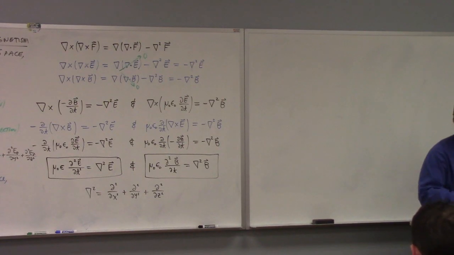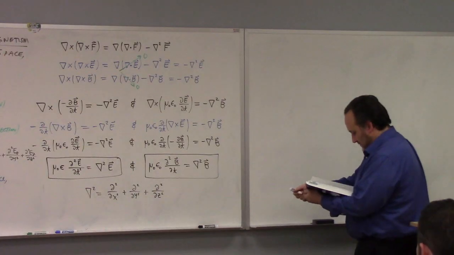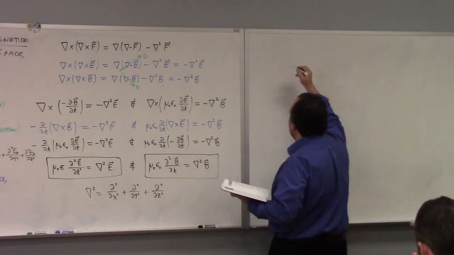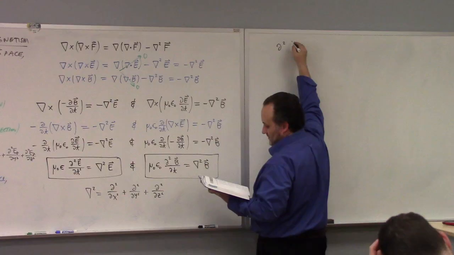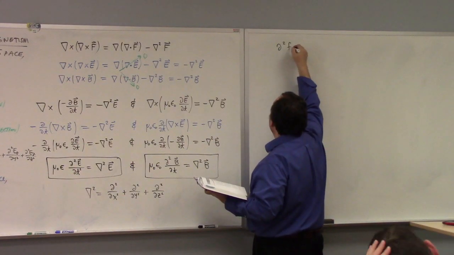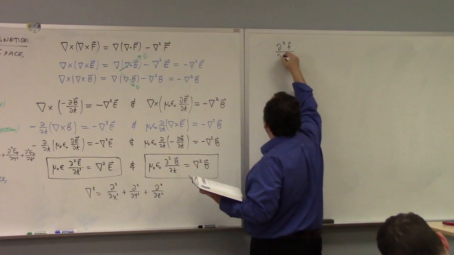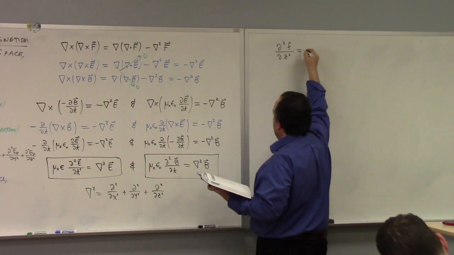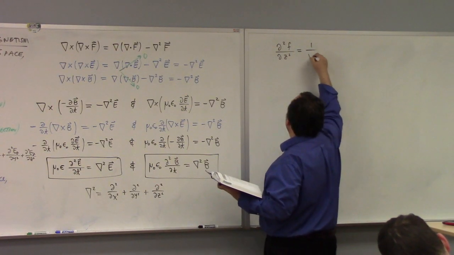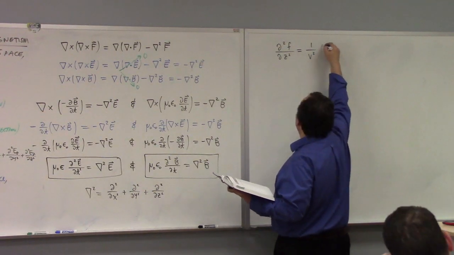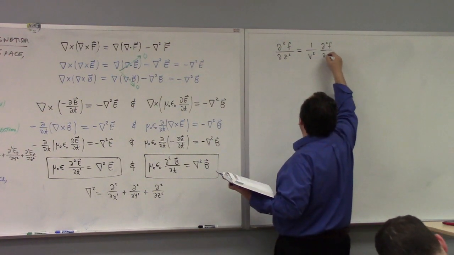So Griffiths actually derives the wave equation at the start of chapter 9 from looking at waves on a string. I don't really want to do that in here, but I do want to quote the wave equation for you, which is this: partial squared f partial z squared equals 1 over v squared partial squared f partial t squared.